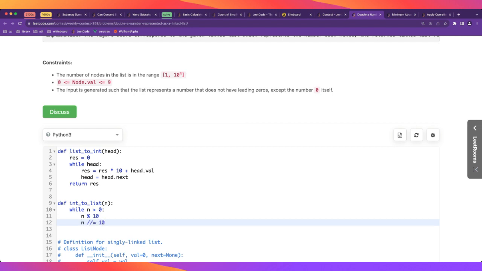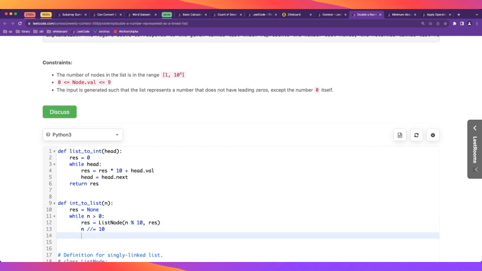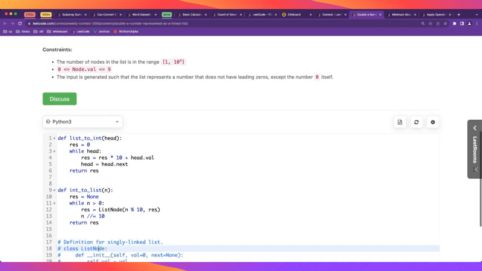So this code right here is going to give us the digits from least significant to most significant. So that means that we need to create the list from the end to the front. It's not a big deal. But here we want the result pointer to have a new node. We want to add this digit, and we want to make the next pointer point to the current head. And this should work.